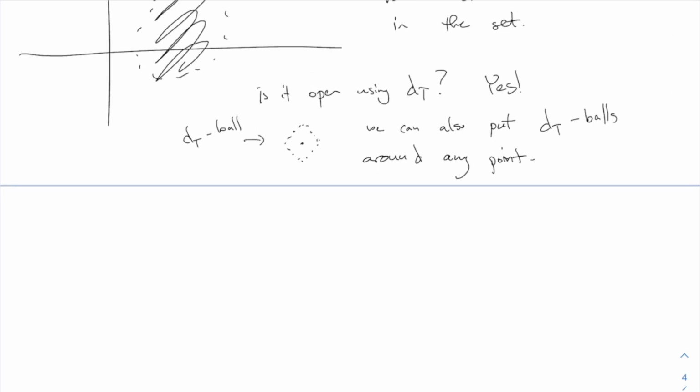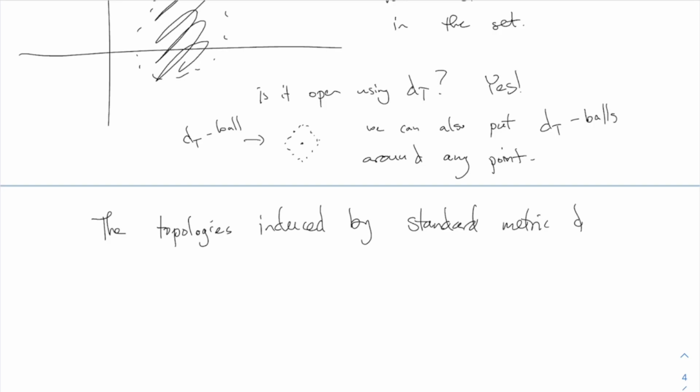So I will write that down. The topologies induced by the standard metric, D, versus the taxi metric, DT, are the same.